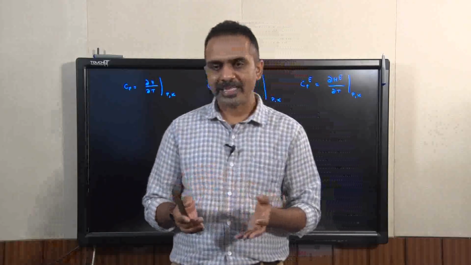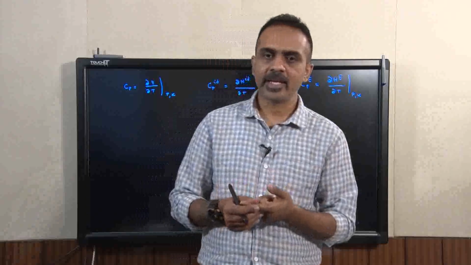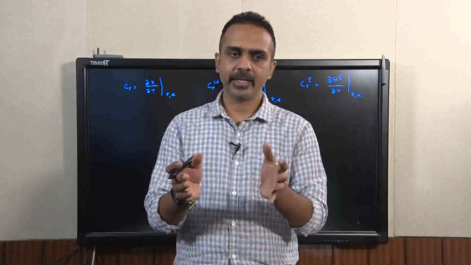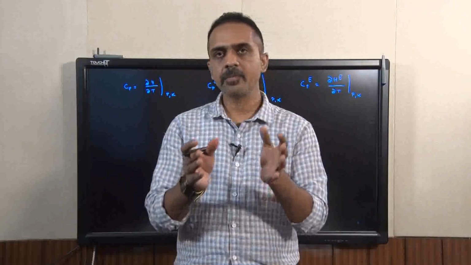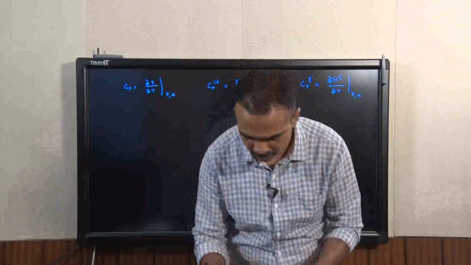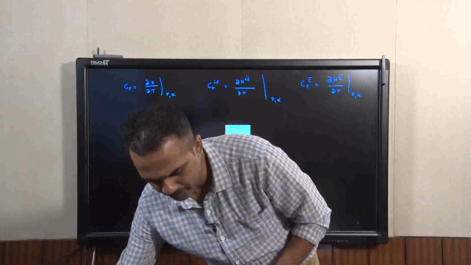Now, having said this, what we have done is we have identified a relationship between mi bar and m, that's the summability relation, and we have also identified a relationship between mi bar and mi for ideal solutions or mixtures of ideal gases.